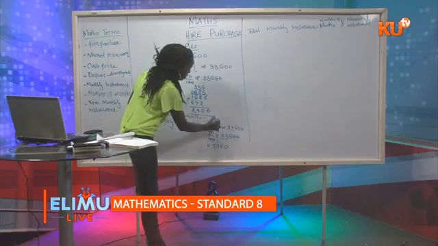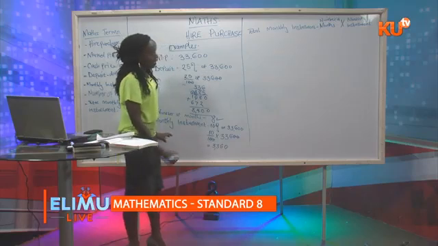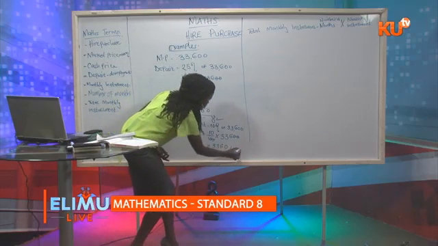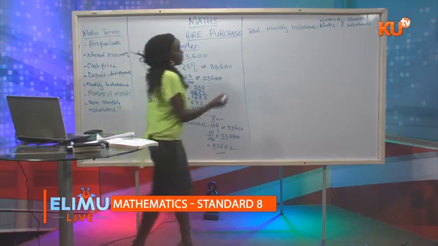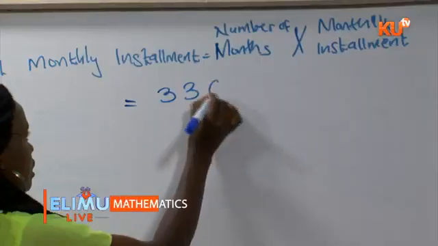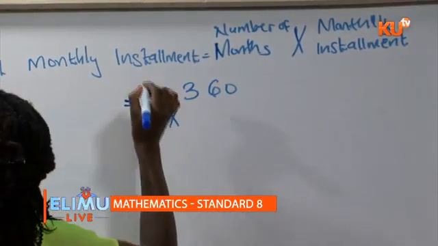The number of months, there were 8. Then the monthly installment, each installment was 3,360. So 3,360 times 8.